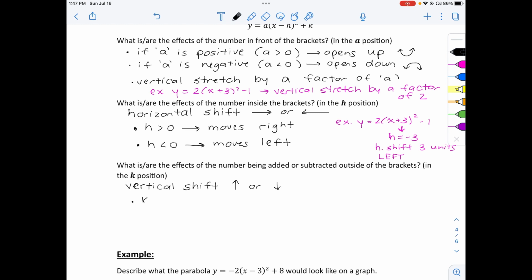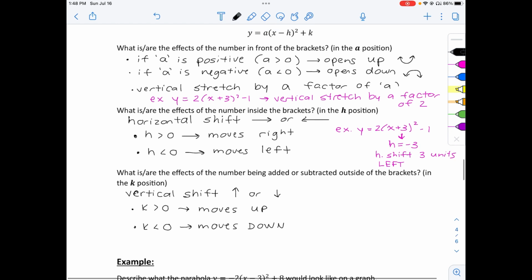Okay, and so when k is bigger than 0, when k is positive, then it's going to move up. And when k is negative or less than 0, it's going to move down. And in this case, with k, nothing lies about that. It's just, if it's a plus k, it's moving up. If it's a negative k, it's moving down. It's just that h value that you need to worry about flipping the sign for.